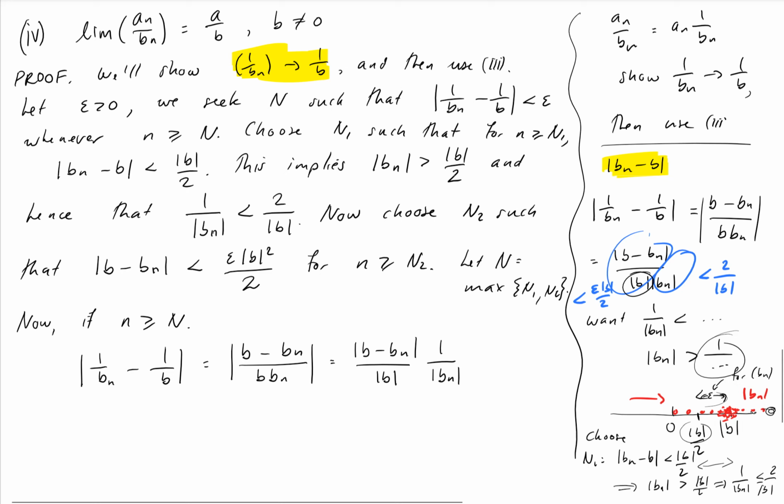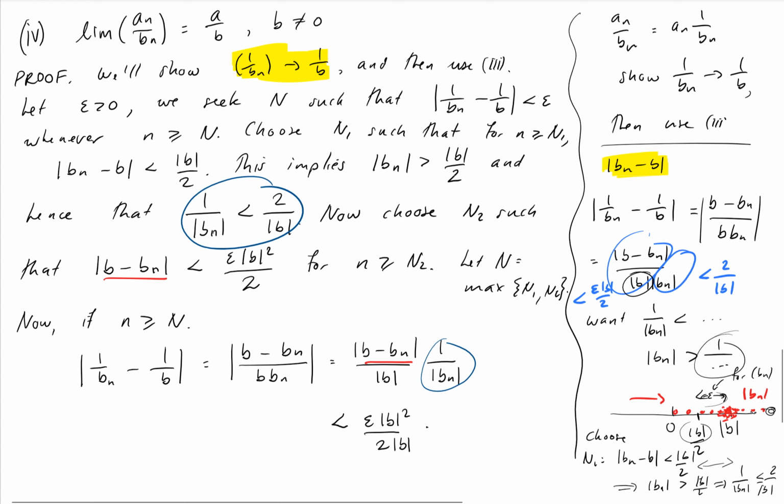Alright, now we can substitute in our various pieces. This is less than, first off, we'll do this one with this expression here. So that's going to be epsilon absolute value of B squared over 2, over absolute value of B, times, now also substitute in, let's get a different color, this piece using this piece here.